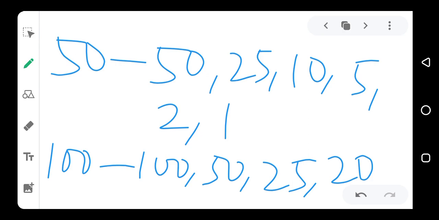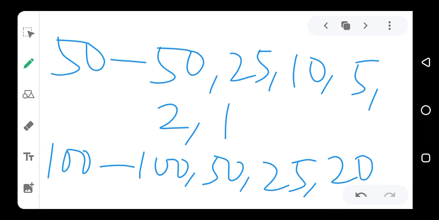So this is all about factors, numbers that can divide another number without giving any remainder. Sometimes we'll be asked to write the factors and arrange them in descending order.